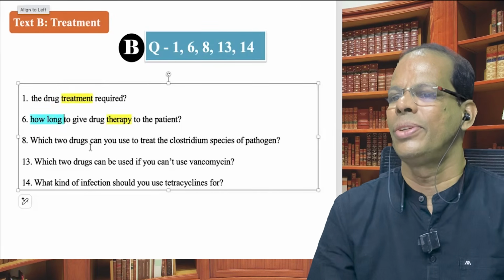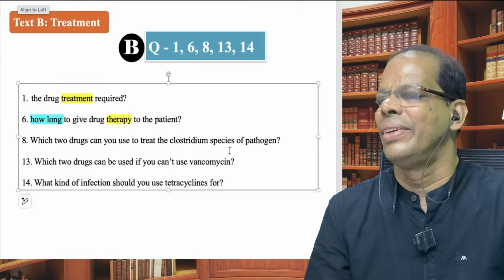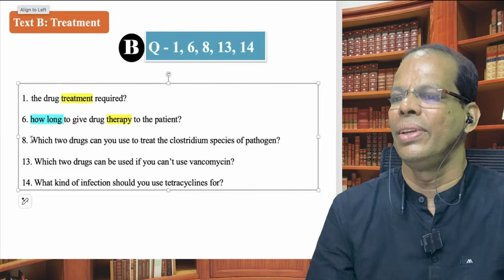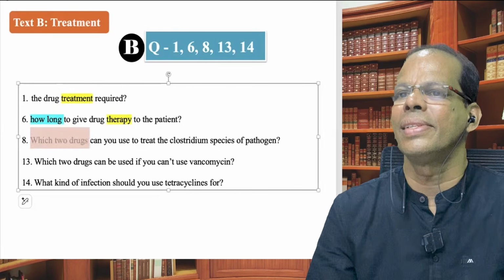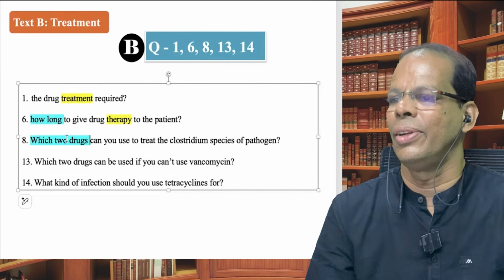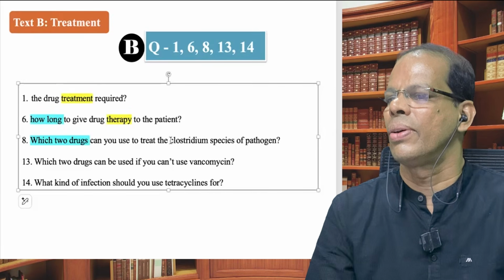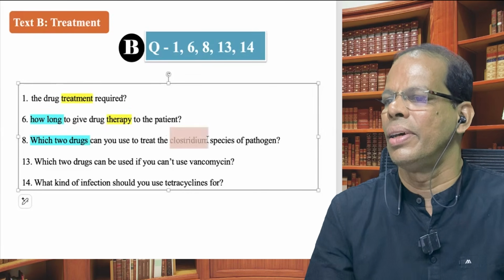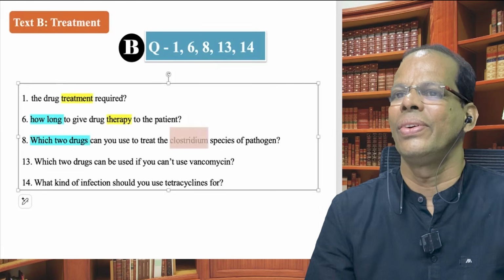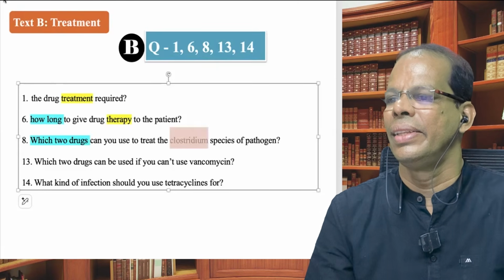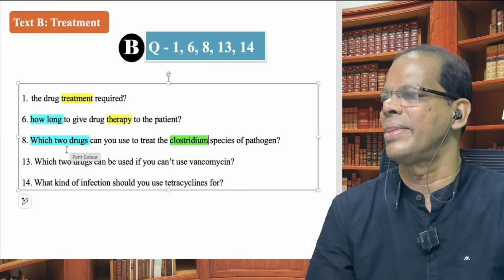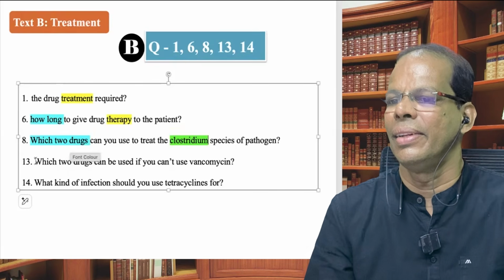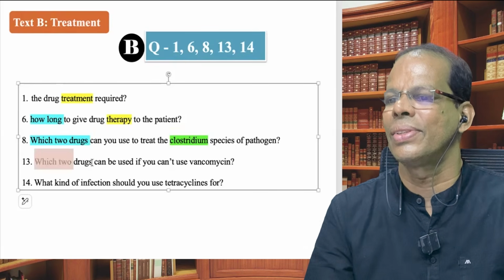Which 2 drugs can you use to treat? Which 2 drugs means 2 drug names will be the answer. The 2 names that we highlighted will be used to treat Clostridium. Yeah, to treat this particular pathogen. So you have to link this condition and these drugs. Which 2 drugs again? They are asking again for the names of 2 drugs.